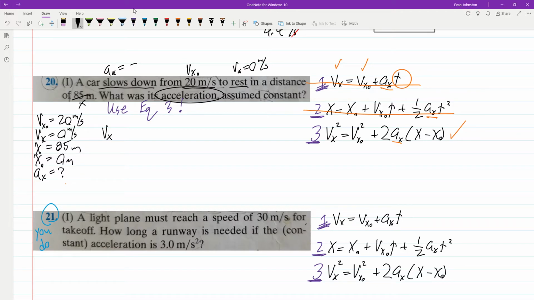We have the final velocity squared is equal to the initial velocity squared plus 2 times the x acceleration times how far it's moved. Now, we know that it ends at rest. So really, the final velocity, this thing is 0, right? Because that's this thing right here, okay? And then we know that we get to define the starting point as 0.